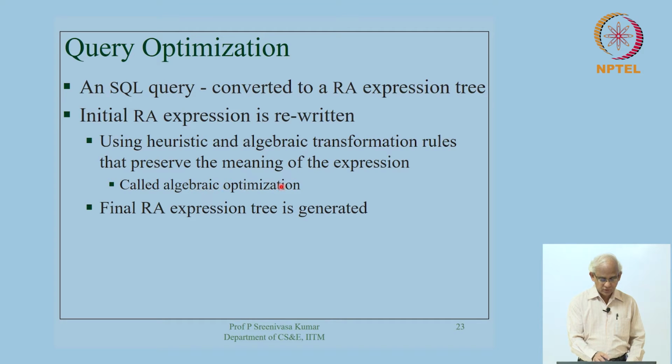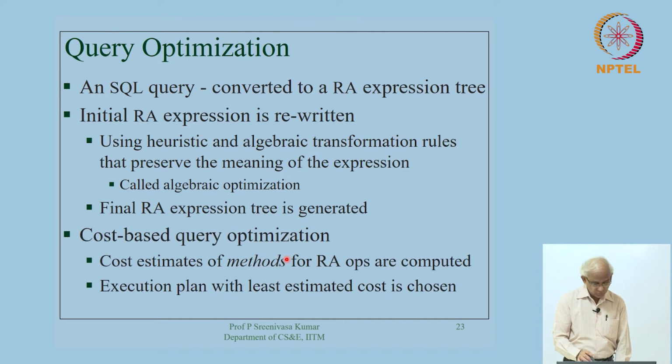So, this can be called heuristic or algebraic optimization. Now, once we generate that tree, the final relational algebra expression tree, we will also do one more step, which is called the cost based query optimization.